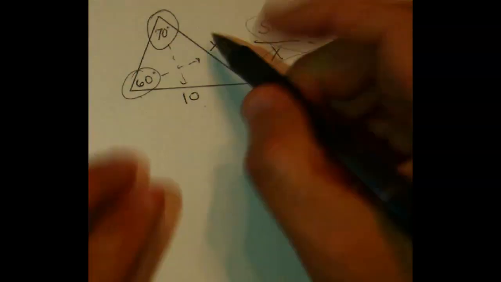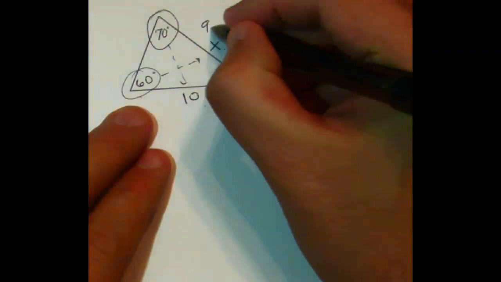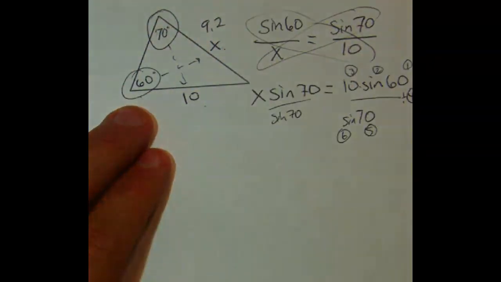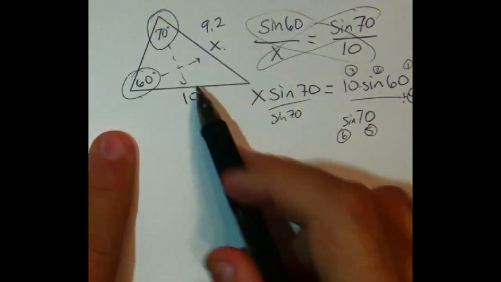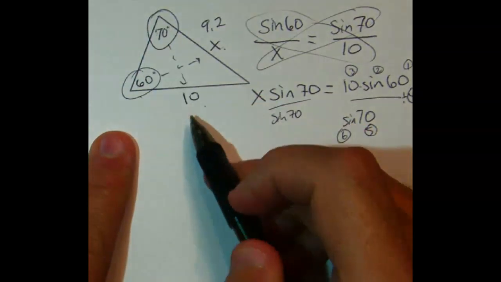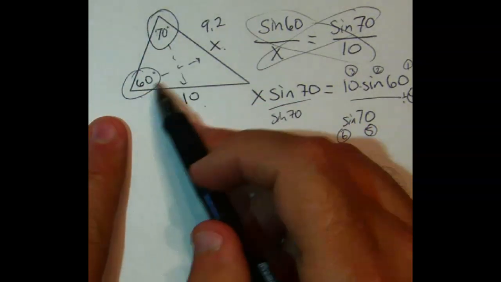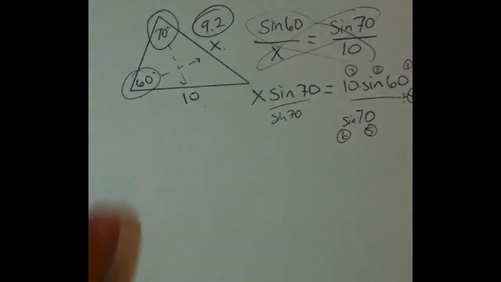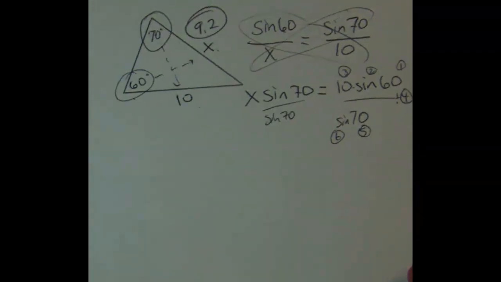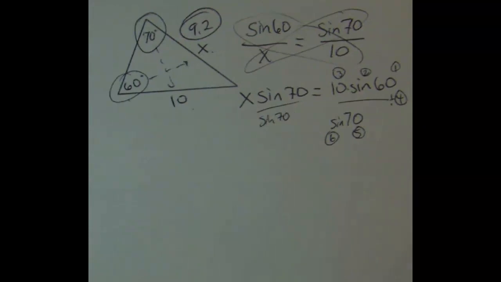So the value of x is 9.2. Now this one makes a little bit more sense. You can tell this line's a little bit longer than that one. And notice we got 70 degrees, this is 10, this is 60 degrees, so that would be 9.2. It's a very reasonable number. If you follow everything step by step the way I showed you, you should have no trouble whatsoever with this assignment.